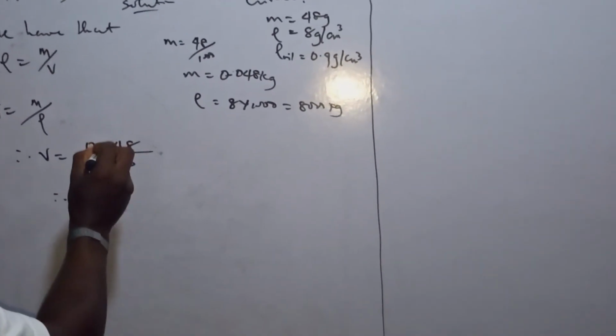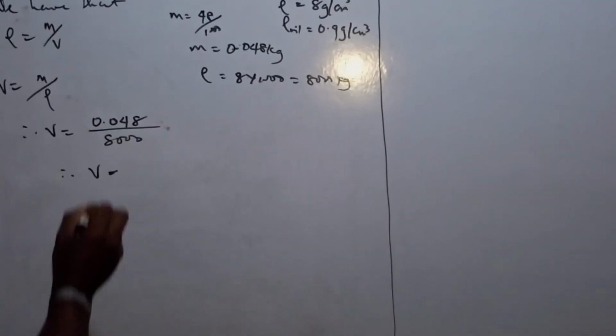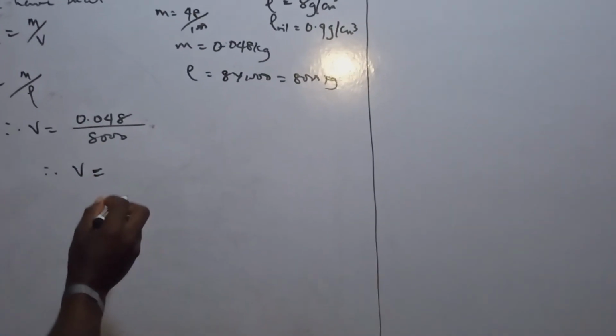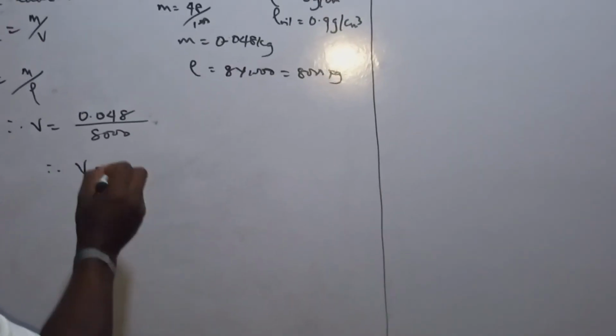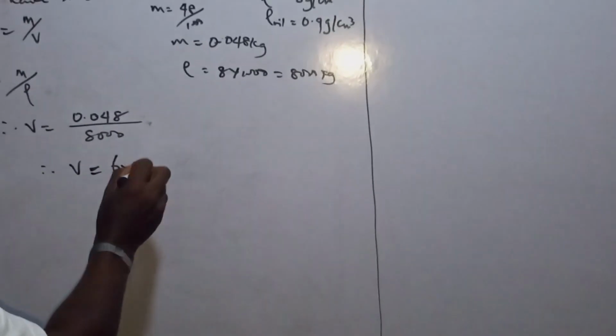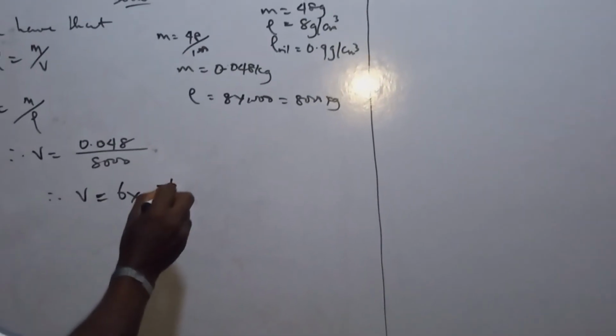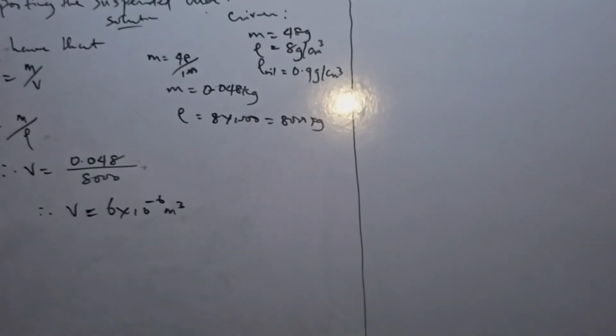If you divide 0.048 over 8000, you have the volume to be 6 times 10 raised to the power minus 6 meter cube.